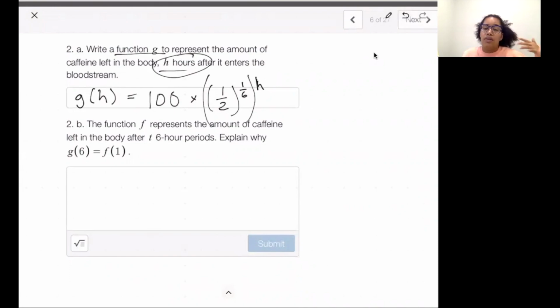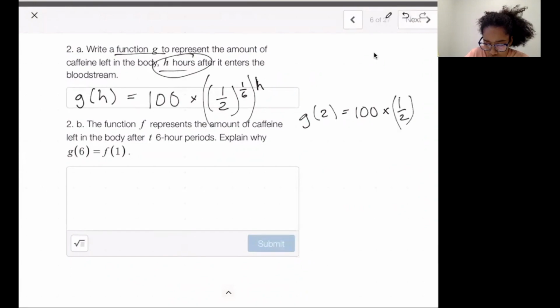So if I want to know how much caffeine is left after 2 hours, say g of 2, I can just replace, oops, I left out the 1/6. So 1/2 to the power of 1/6, and replace it with a 2.